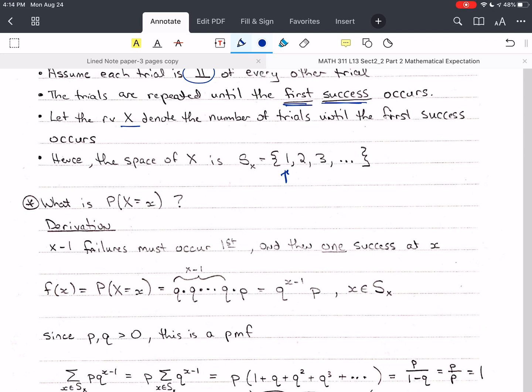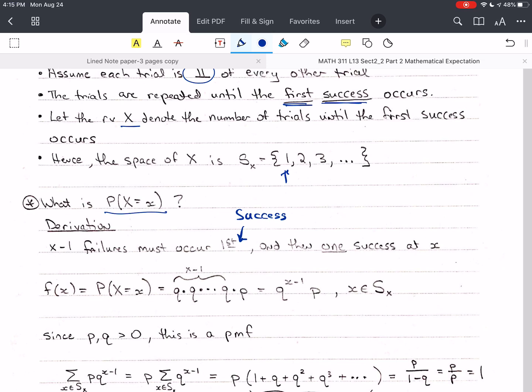It's still discrete. So we want to know what's the probability that the random variable x is equal to some specific value x in its space. So we're going to say that there must be x minus 1 failures before the first success. And then we'll have 1 success. Okay?